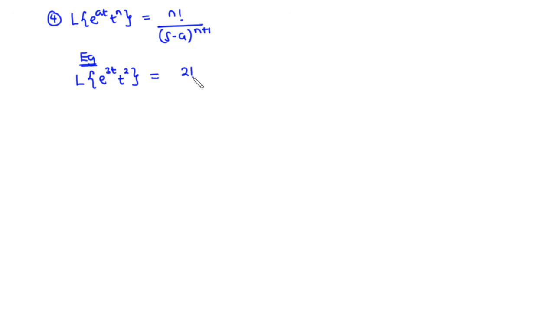So we have 2 factorial divided by s minus a, a is 3, and then to the power n plus 1, which is 2 plus 1, so this is equal to 2 factorial, which is 2 times 1, which is 2, divided by s minus 3 exponent 3. Now let's move on to the fifth function.